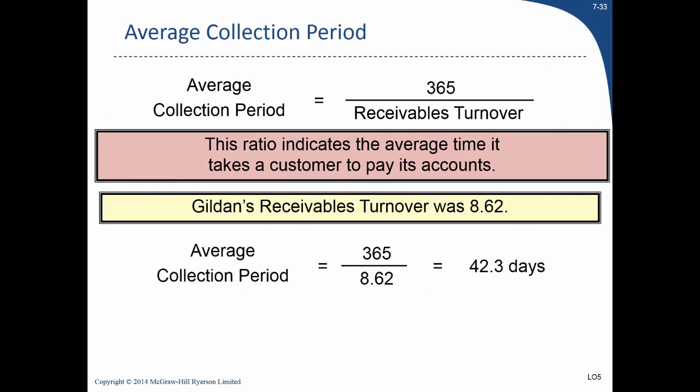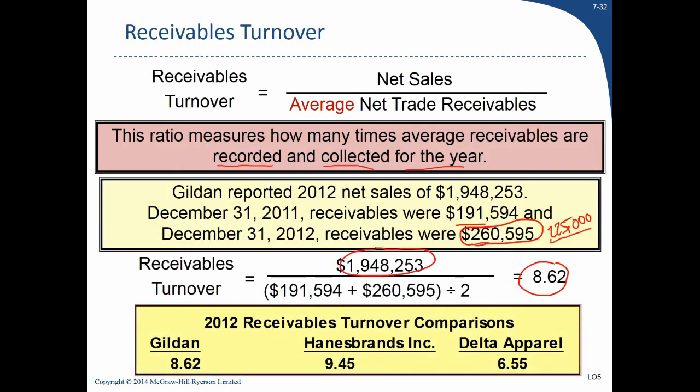You can look at the average collection period. So if you know that 8.6 times throughout the year, we sold to a customer and then collected the cash, and then sold to the customer and then collected the cash.